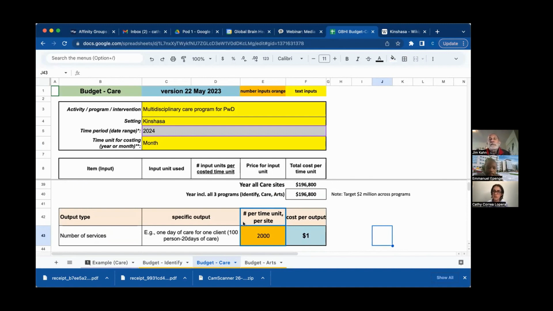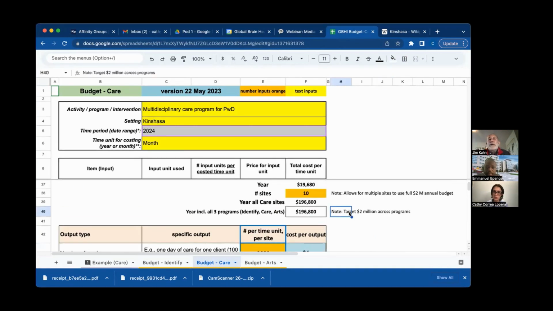Let me just make a final comment, if I may, about the budget you're working in. As we explained in the assignment, the goal is to spend $2 million per year across 2 different programs, or even 3. Right now, because you haven't fully completed it, you don't know what this program is going to cost, but maybe it might come out at $800,000.